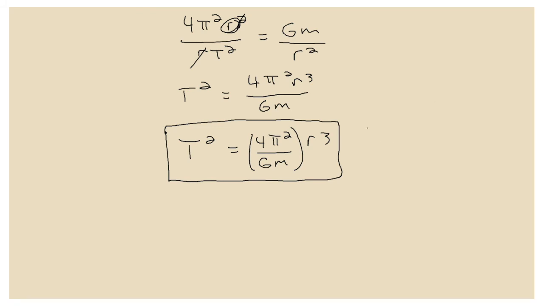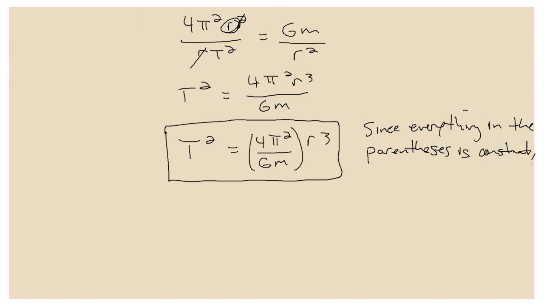So we'll say here, since everything in the parentheses is constant, T squared over r cubed is constant. And that's Kepler's third law.